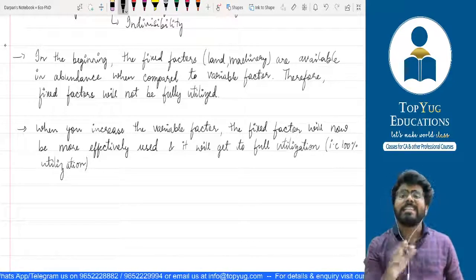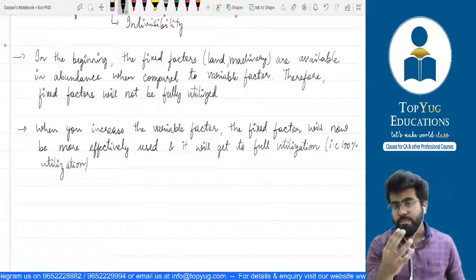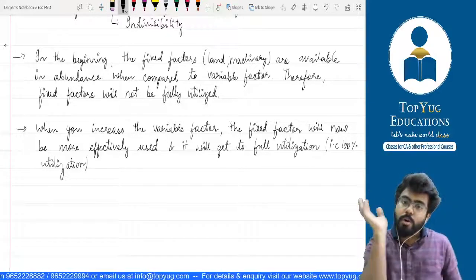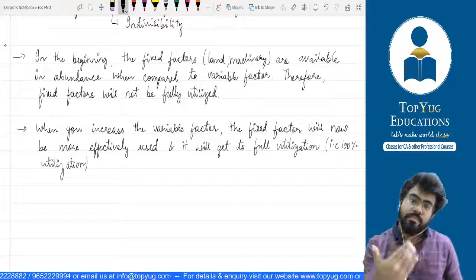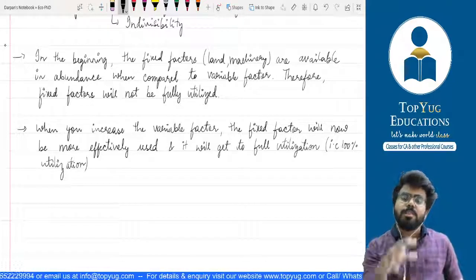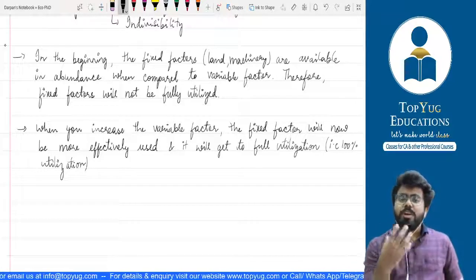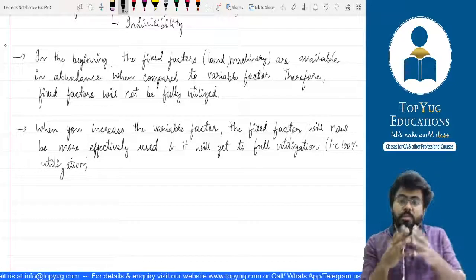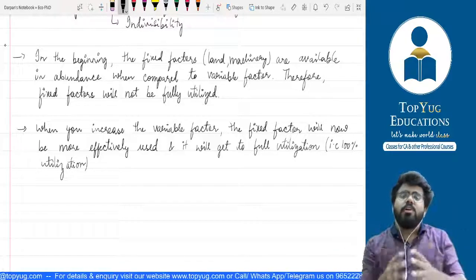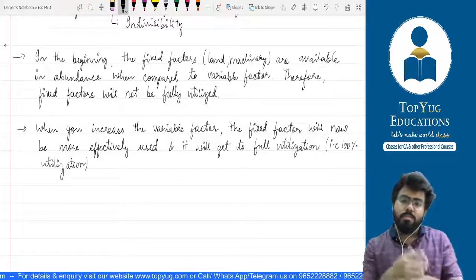So because of this reason, what is happening? Because of this reason, increasing returns are happening. In the starting, when you try to increase the number of laborers, what is happening? Marginal product is increasing, total product is increasing at an increasing rate, average product is increasing. What is the reason behind that? The reason is this, that the fixed factors that you have purchased, that you are underutilizing in the start, but when you start utilizing it more, automatically it will start giving you more output.